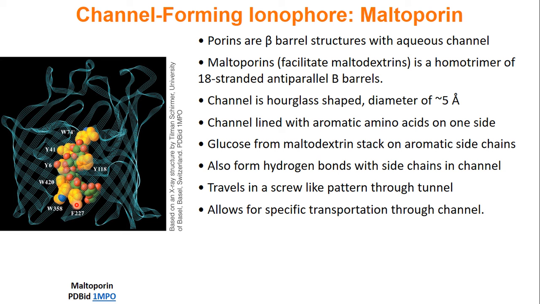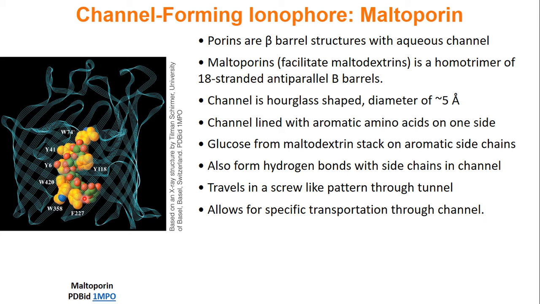And on one side, you have aromatic amino acids lining your channel. That's what's being shown here in yellow. So you have F, W, and Y all lining this channel. And what these aromatic side chains will do is interact with the aromatic-like rings of maltodextrin.